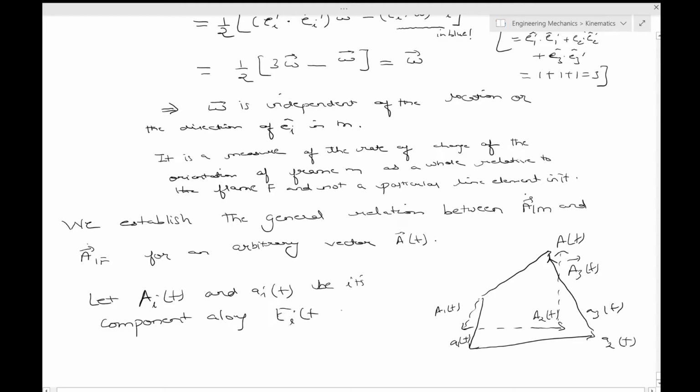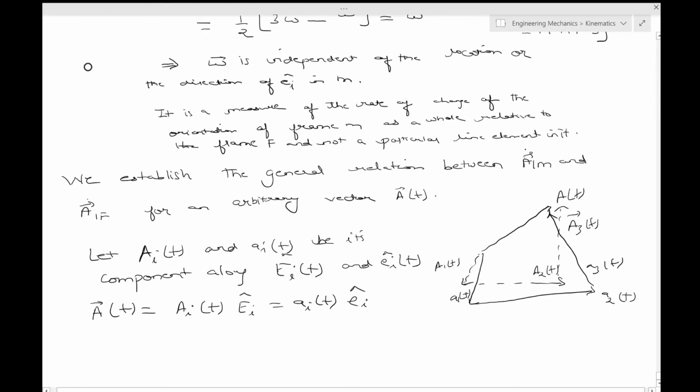Remember, this was the system attached to F, and small ei, this was the system attached to M. So A of t will be equal to AI of t EI, and it is also AI of t ei. Okay, both of them represent the same vector.